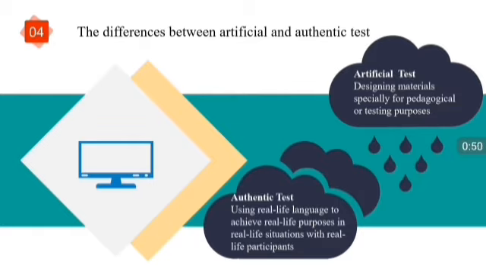So artificial test is just a written test for pedagogical and testing purposes, and authentic test, in other words, is a practice test using real life participants, situations, purposes and also the language.